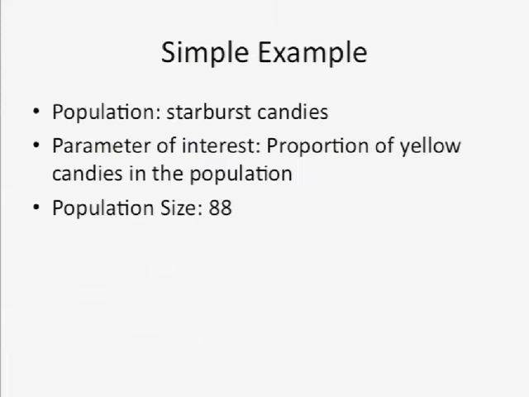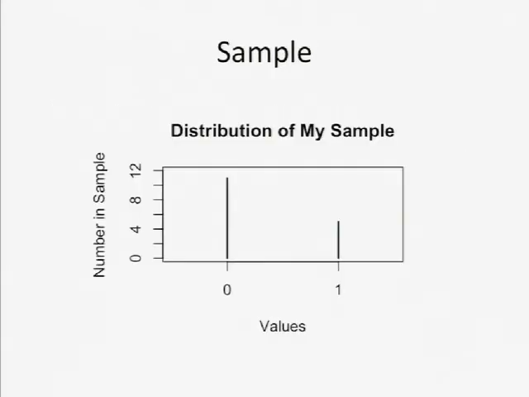So my population, Starburst candies. The parameter of interest, that's the unknown piece of information about my population, excuse me, is the proportion of yellow candies in the population, and my population size is 88. This is my sample.